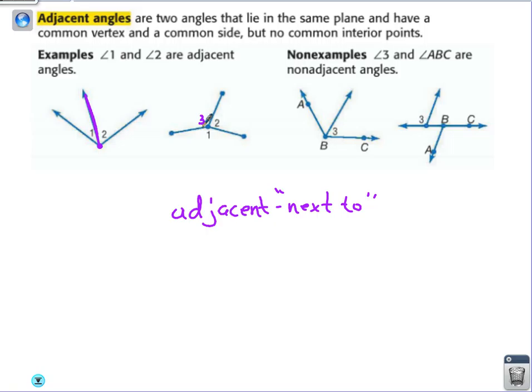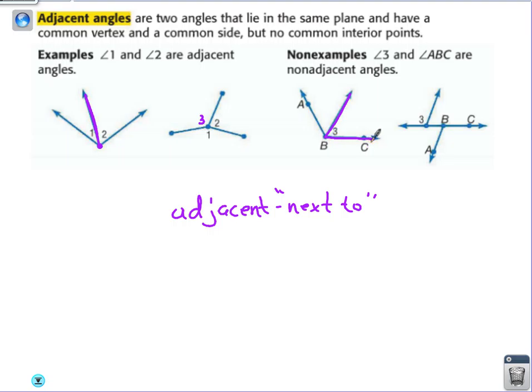Examples, non-examples. It says angle 3 and angle ABC are not adjacent. Angle 3, which is this angle here, and angle ABC, the whole angle, are not adjacent angles. Well, actually they do share a common side, don't they?